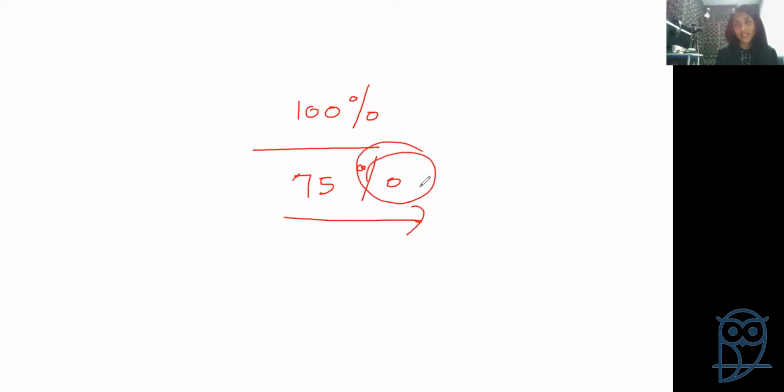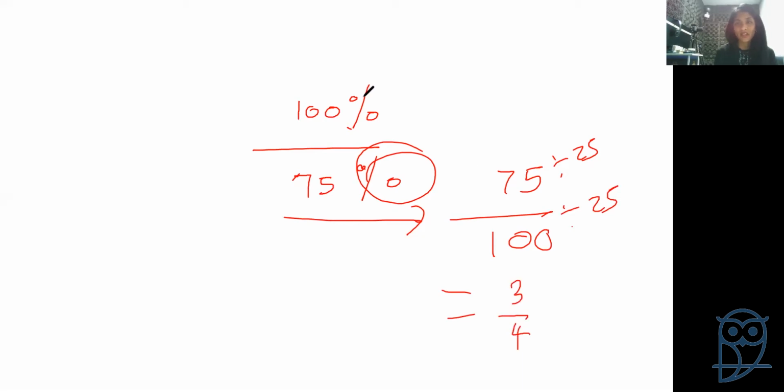So before I carry on, how do I write 75%, for example, as a fraction? Firstly, we said because it's a percentage, it's out of 100. I will say 75 over 100. Okay, and how do I work that out? I divide by 25 and divide by 25, and my answer should be 3 over 4. Now that's converting a percentage into a fraction.